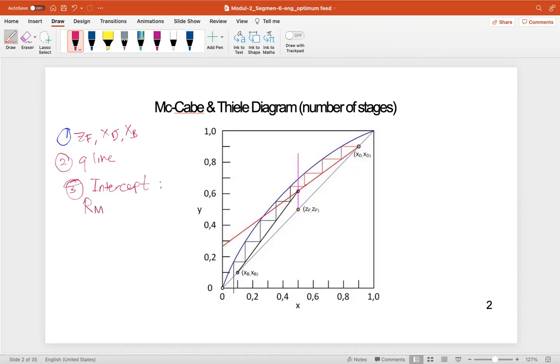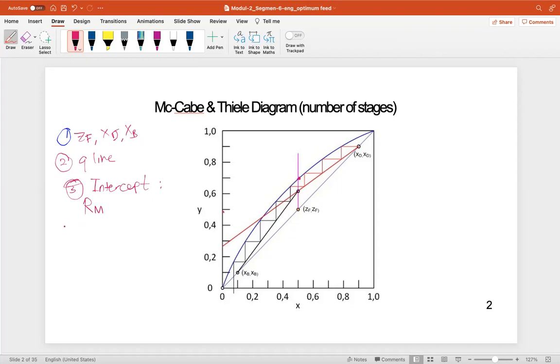When you have the RM, first you have to construct a line from XD to the intersection between the Q line and the equilibrium curve, and then go back there to get the RM, the minimum.